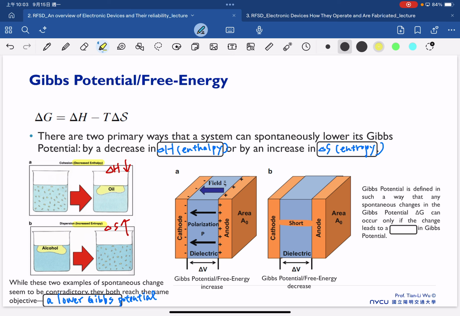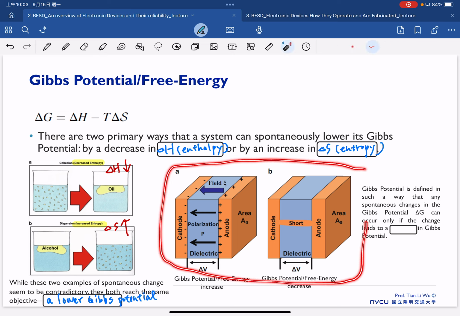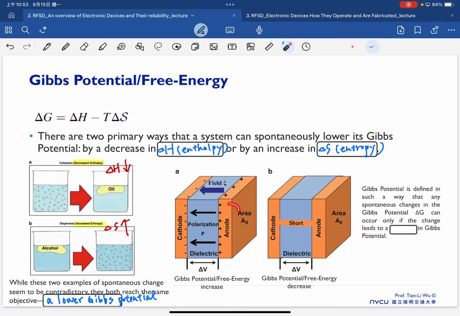On the other hand, this example is more related to our case. We have two metals, one is the anode, one is the cathode, separated by a certain dielectric. Now we apply a bias here, a positive bias and a negative bias, and for sure inside this dielectric we will start to have an electric field that will cause polarization.